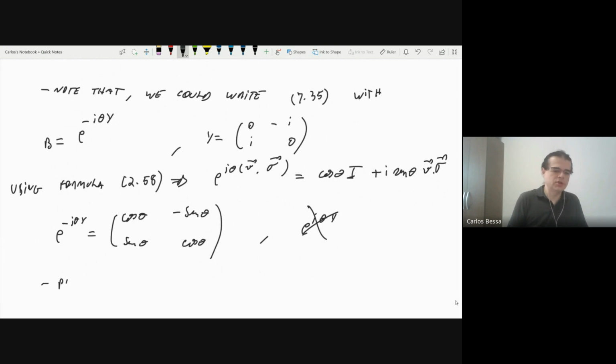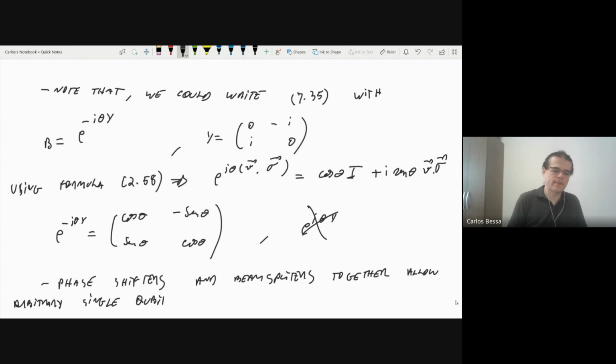But okay, so just to finish: the phase shifters that we saw in the last lecture and the beam splitters that we saw today together give arbitrary single qubit operations to be performed on an optical qubit.